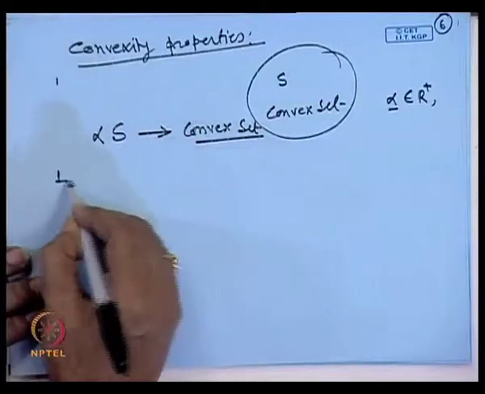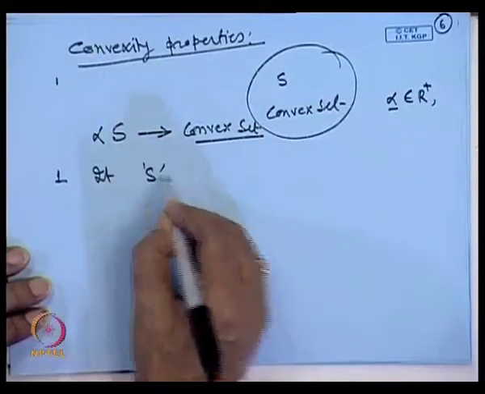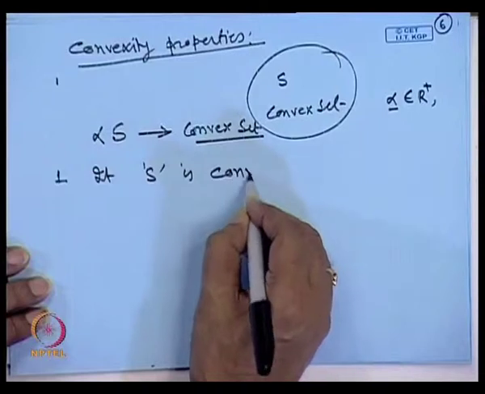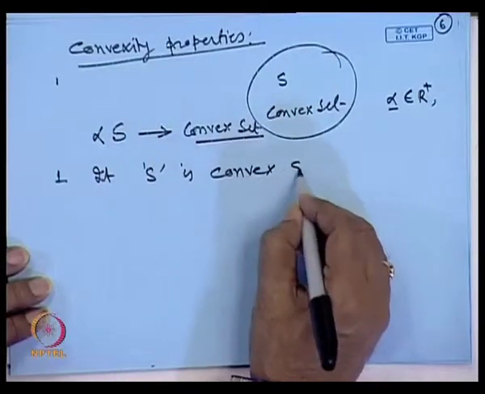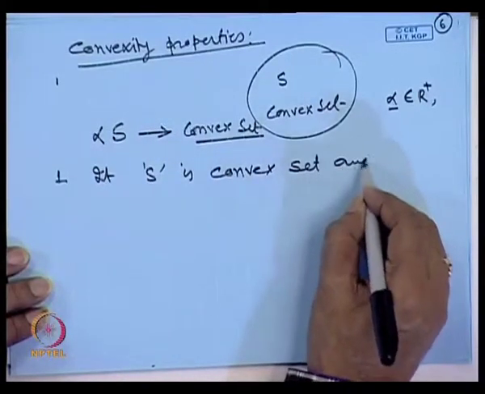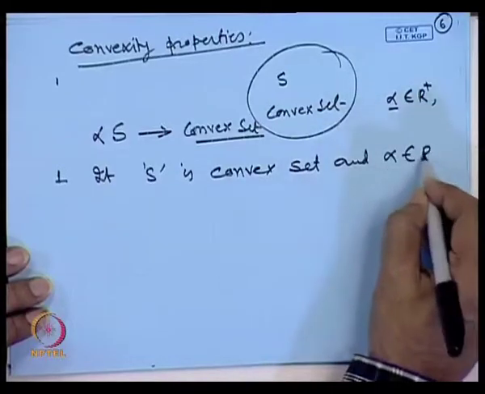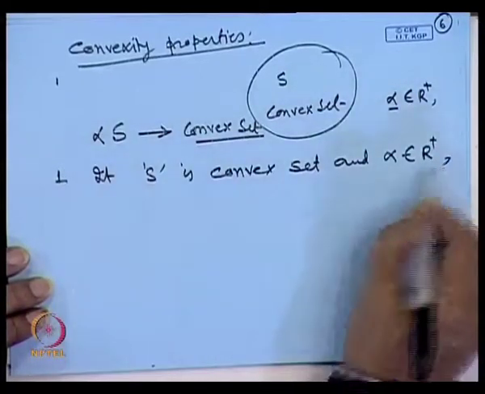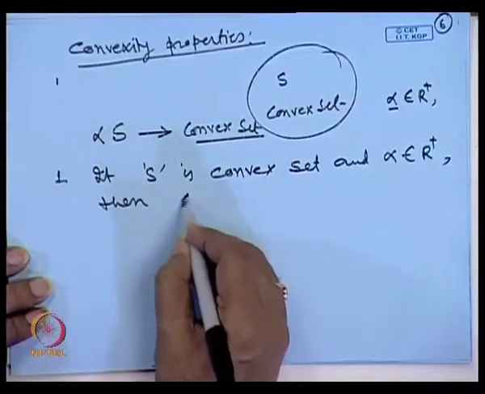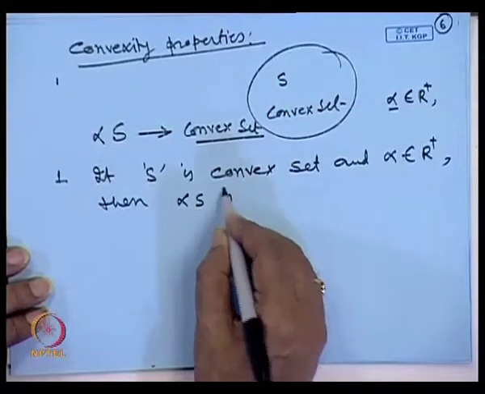So, this is one property. If S is a convex set and alpha belongs to R plus, then alpha into S is a convex set.